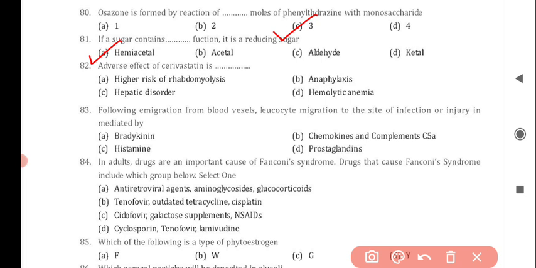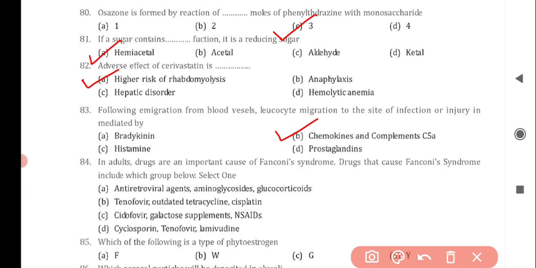Next question is: adverse effect of cerivastatin is, and the correct answer is option A, higher risk of rhabdomyolysis. Next question is: following emigration from blood vessels, leukocyte migration to the site of infection or injury is mediated by, and the correct answer is option B, that is chemokines and complement C5a.